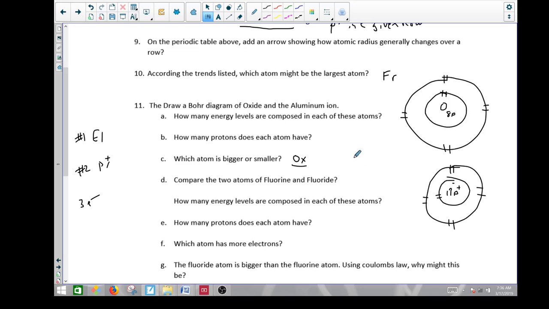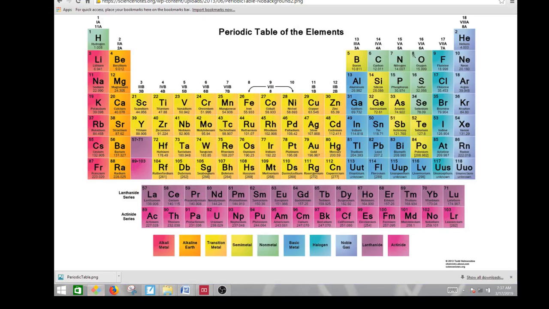Okay, so let's do that right here. Fluorine, all right, just find them here. Now, fluorine we locate here, 9 protons, 9 electrons. Fluoride has 1 more electron. There you go. All right, so 9 protons.